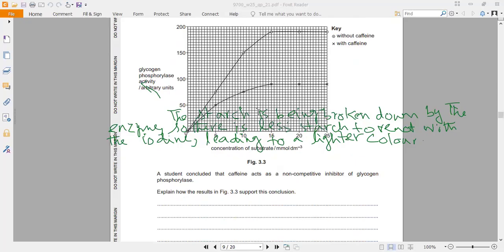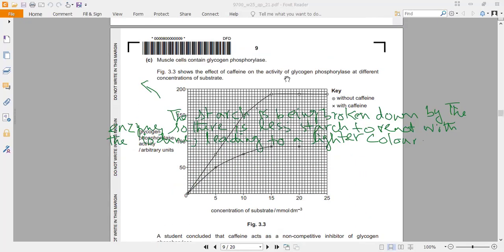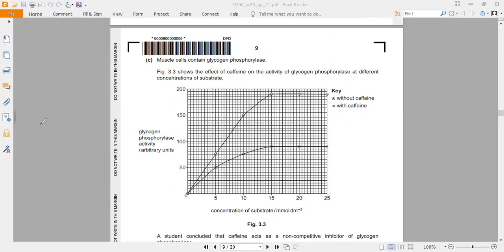Now moving towards the next part of this question. Muscle cells contain glycogen phosphorylase. Figure 3.3 shows the effect of caffeine on the activity of glycogen phosphorylase at different concentrations of substrate.